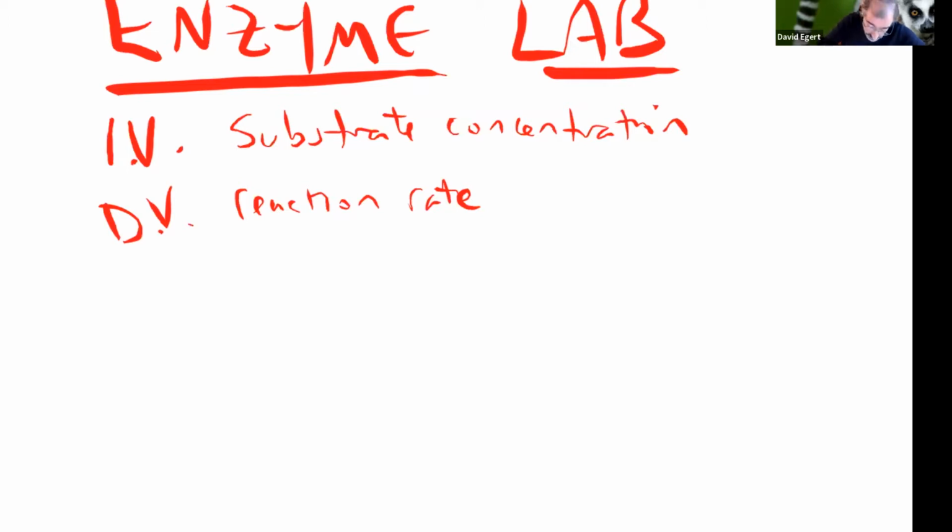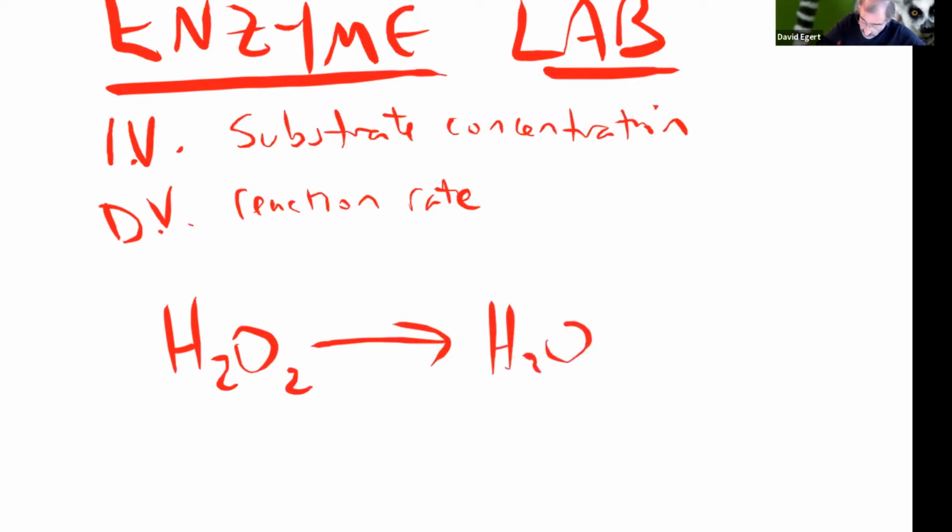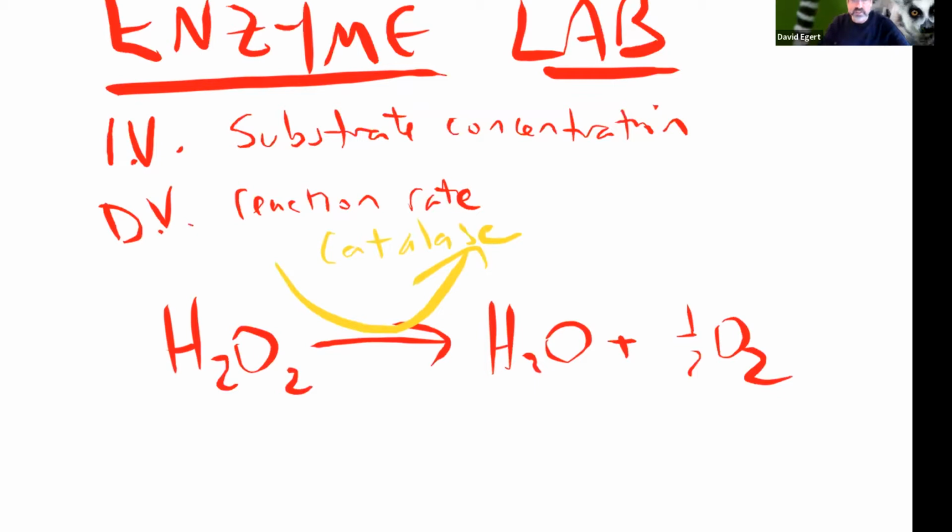So we're using hydrogen peroxide breaking apart into water and oxygen, catalyzed by catalase. So this is our specific thing that we are looking at.